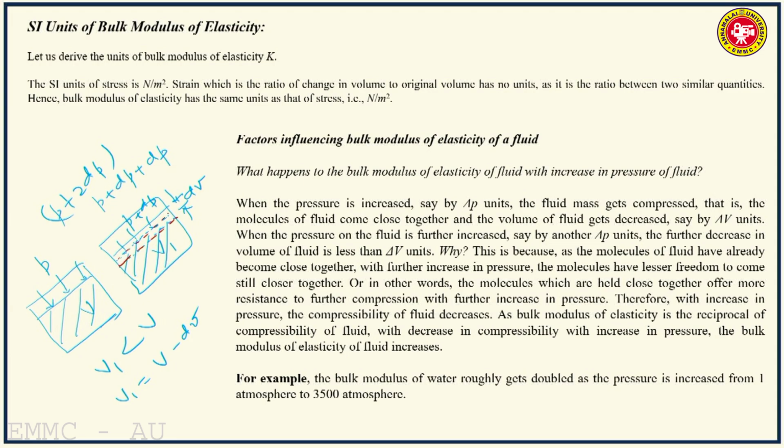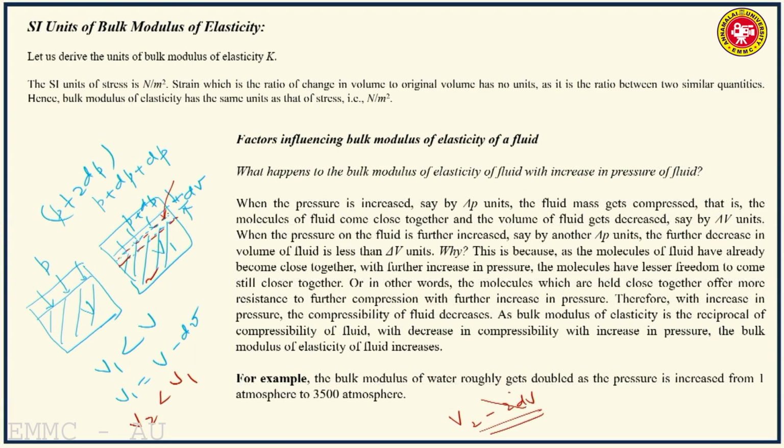This dotted line corresponds to V1. Now the dotted line below the first dotted line, let us say the volume is now V2. So V2 is less than V1. Now what will be V2 in terms of V? Will it be V minus 2 dV?